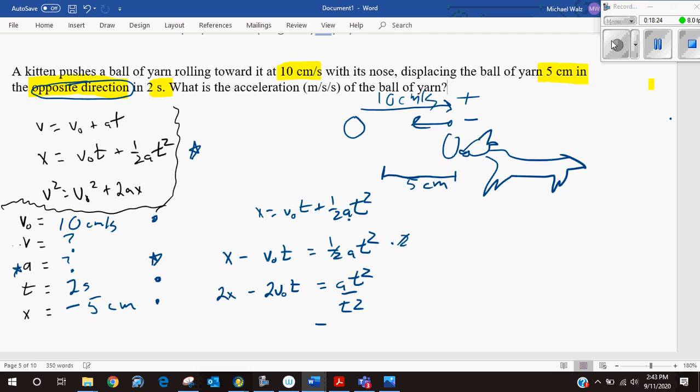Divide both sides by t squared. A then equals 2 times a negative 5 minus 2 times 10 times 2 all over 4. So A equals, so the acceleration is negative 12.5 centimeters per second squared.